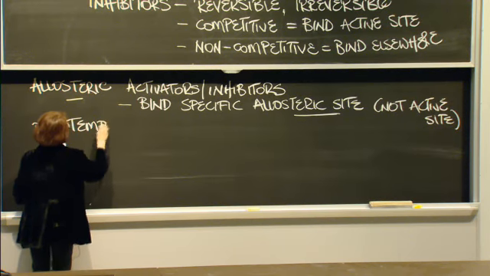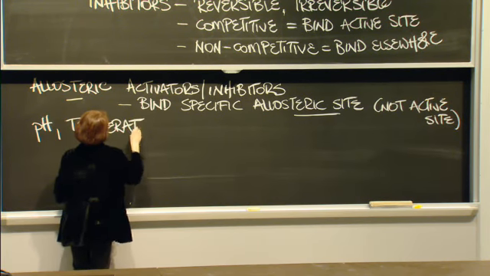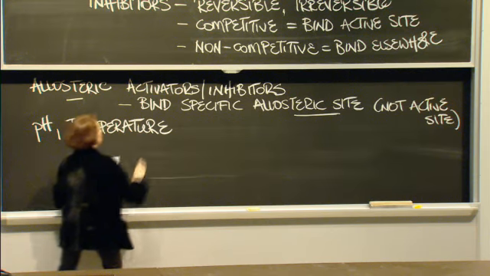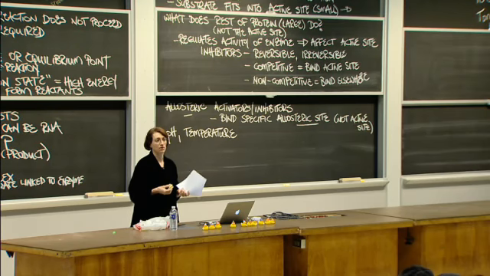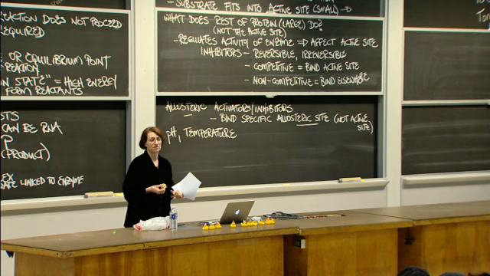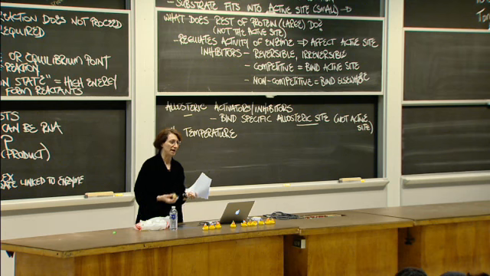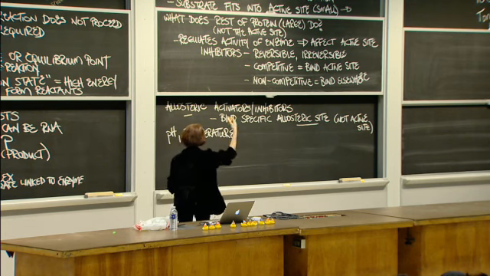Temperature affects how enzymes work, and all of these things are somehow changing the structure of the protein, and changing the structure of the protein is changing its function. We'll explore this in more specifics as the semester goes by, but this is what you need to understand now.